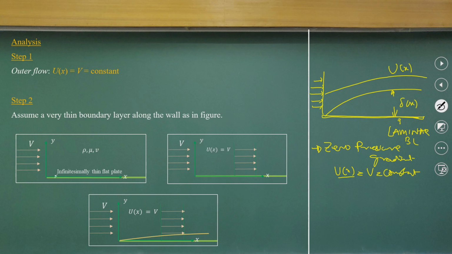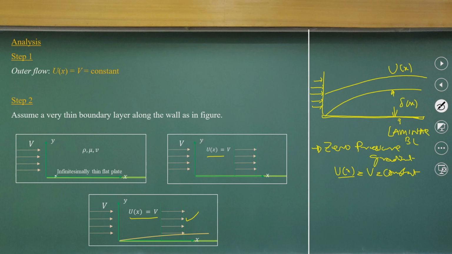That is what is represented graphically: U x equal to V, the uniform velocity, is constant just outside the boundary layer.